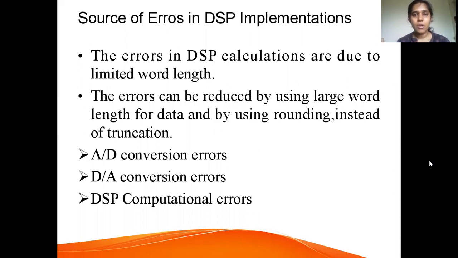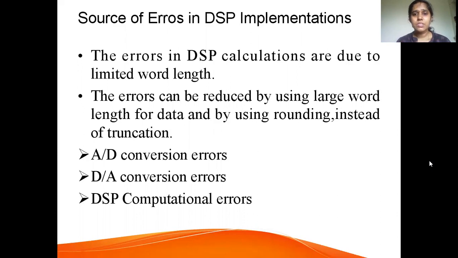There also will be a problem of errors arising. And in the last block, which is the D2A converter, converting the digital signal back to an analog signal may also create some errors. These are the errors we generally observe in digital signal processing implementation.